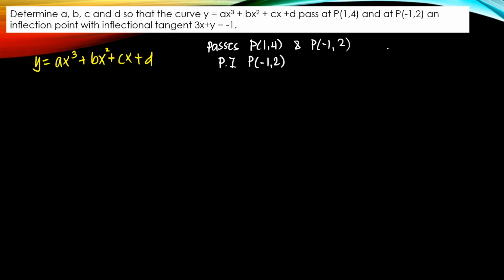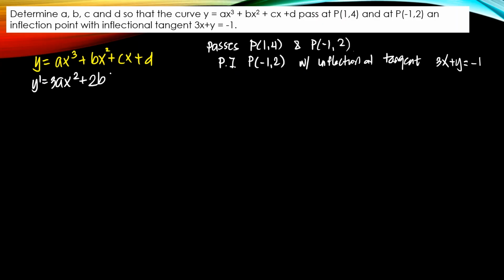Inflectional tangent, so with inflectional tangent of 3x plus y equals -1. Okay, let's get to that later. Let's do this first. That's y prime: 3ax squared plus 2bx plus c. And y double prime: 6ax plus 2b.